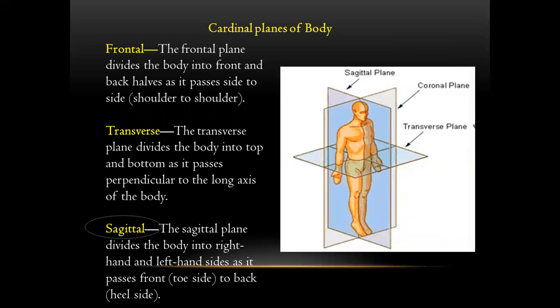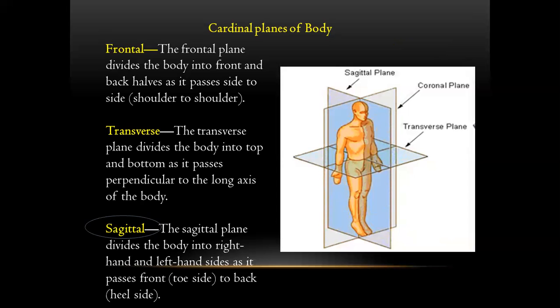Now moving to the next question. The next question was about the cardinal planes of the body, and in the examination the sagittal plane was asked. Basically, the sagittal plane divides the body into right hand and left hand sides as it passes from front to back. The other two planes are the frontal and transverse planes. The frontal plane divides the body into front half and back half as it passes from side to side, that is shoulder to shoulder.